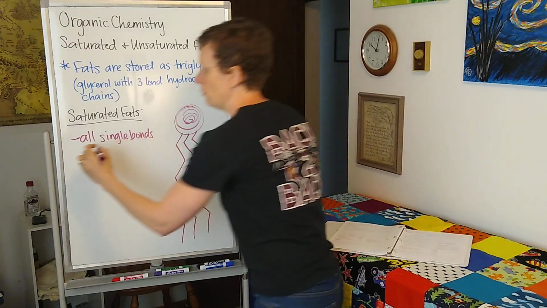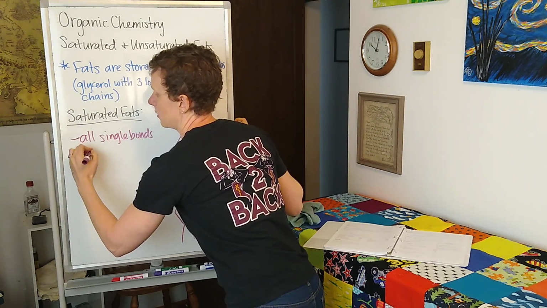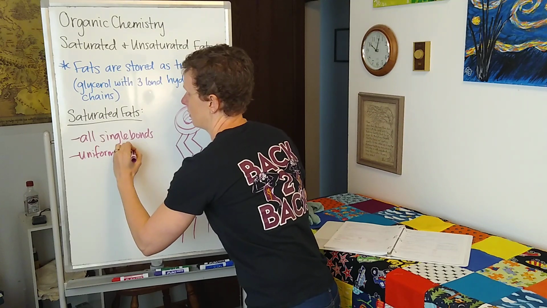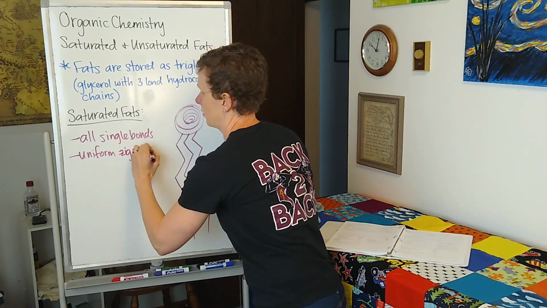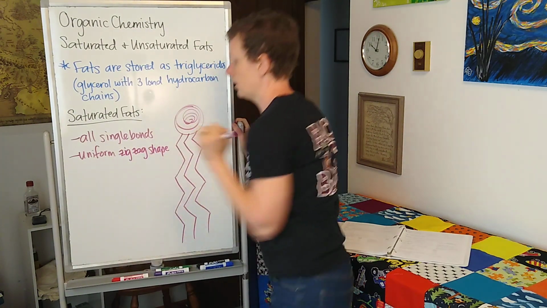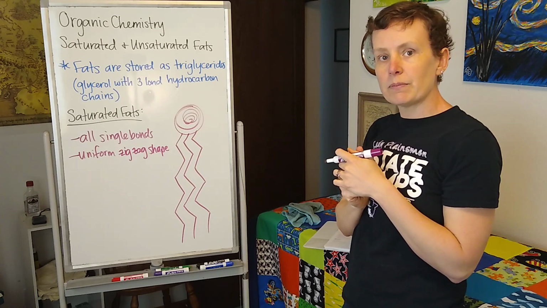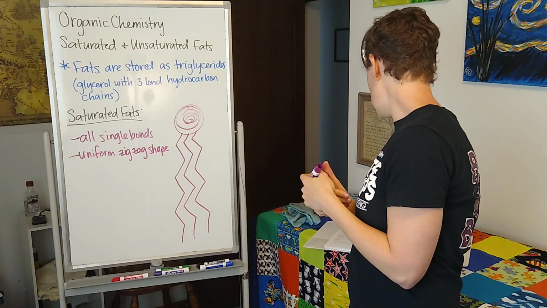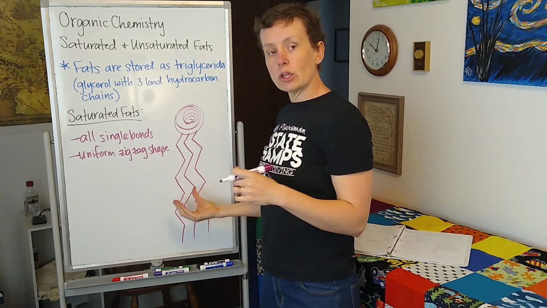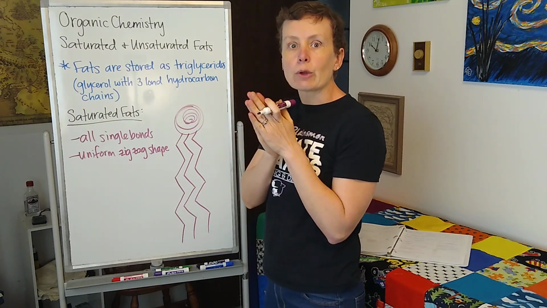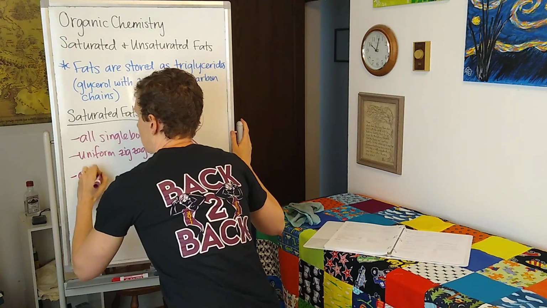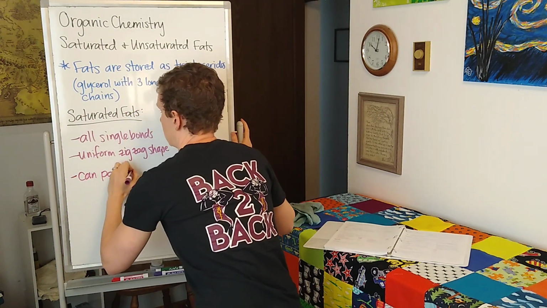They have a uniform zigzag shape, so very much the same shape in these 3 chains. And because of that uniformity, they can pack closely together.